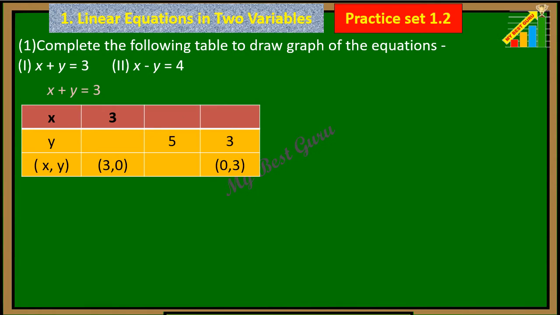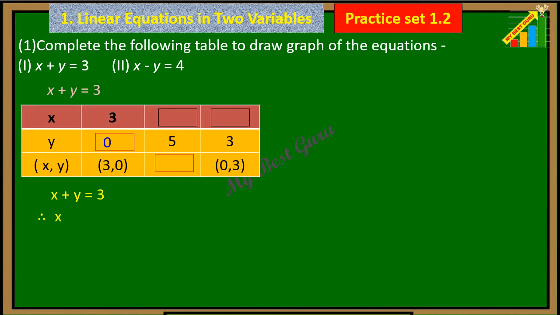Now the table is given. Here the value of x, y is given. This is x, y and the coordinates are x and y. So see, in the first step x is 3 and here it is 0. So we are putting here the value of y as 0. Now see, x plus y is equal to 3.